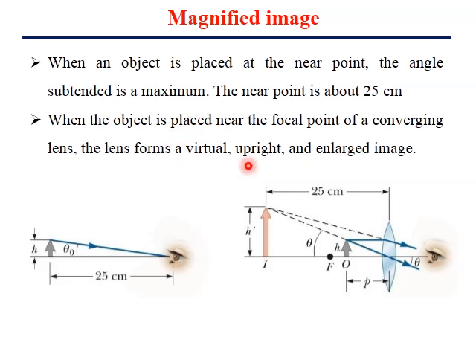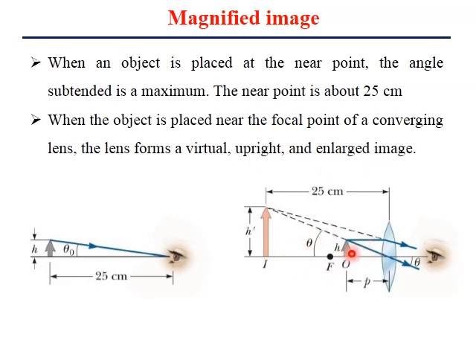Okay, so now how is this magnified image formed? As you can see, when an object is placed at the near point, what is this near point? Near point is about 25 centimeter for a normal human eye, which we have already discussed earlier. The angle subtended is maximum. Now when the object is placed near the focal point of a converging lens, the lens forms a virtual, upright and enlarged image.